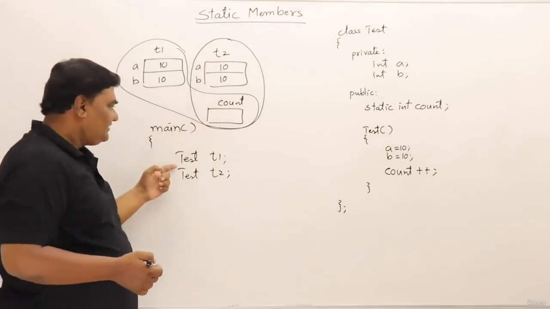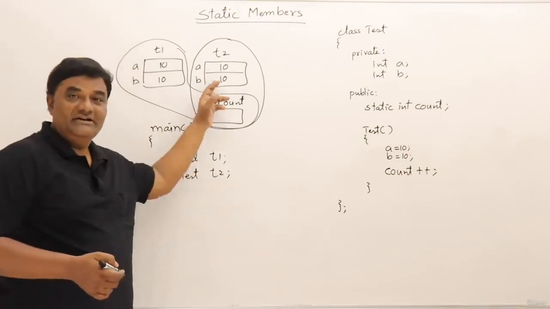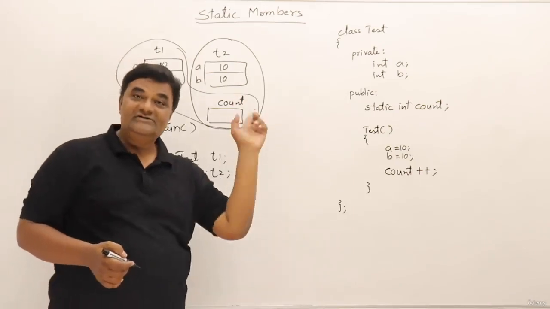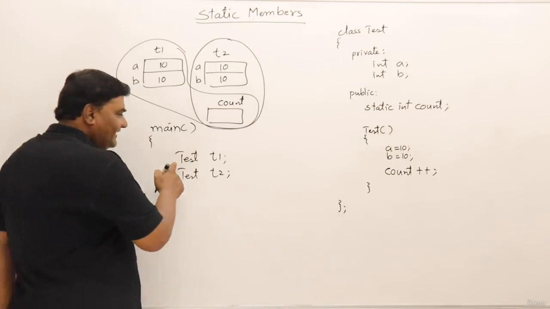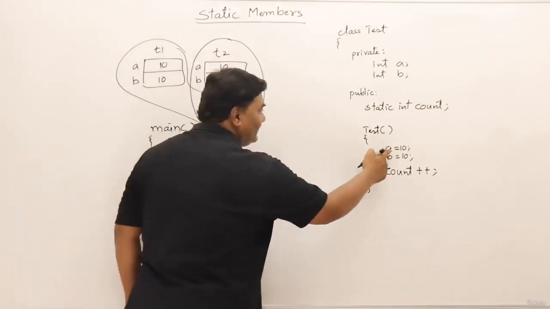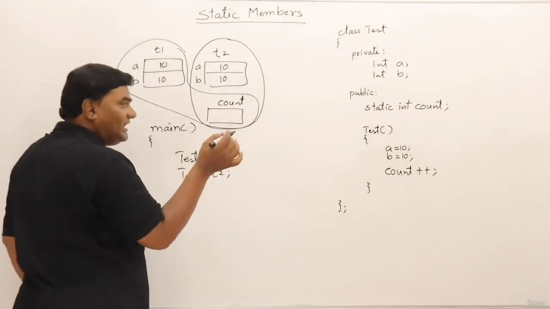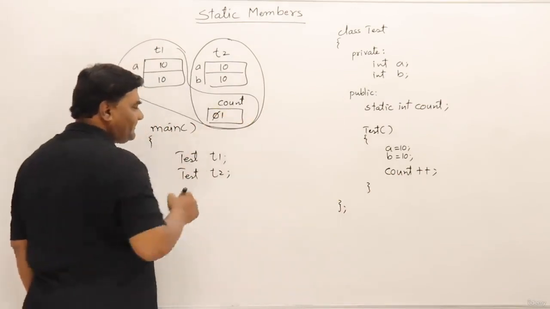Again I will explain. T1 has its own A and B, T2 also has its own A and B, but for count there is only one copy that is used by both objects. Now let us see what happens. Test T1: the constructor is called, A is assigned 10, B is assigned 10 and count++. What is there in count? Assume that it is 0. So 0 became 1.